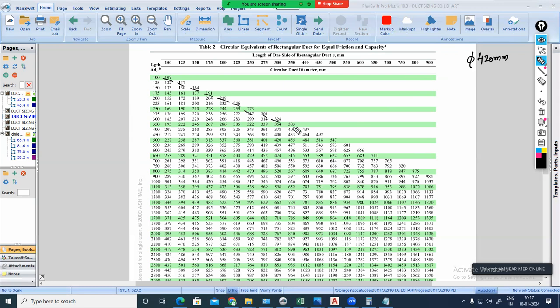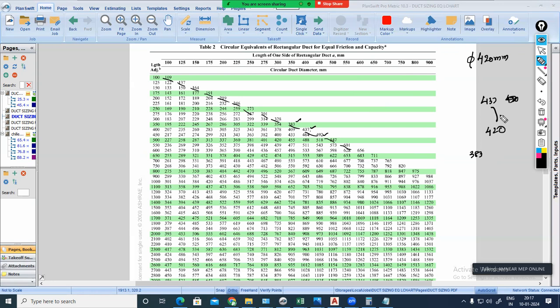Now in the first diagonal, check where is 420. 420 is not there. 437 is there. 437 and 492. In between it will come the 383. So 383, 420, 437.